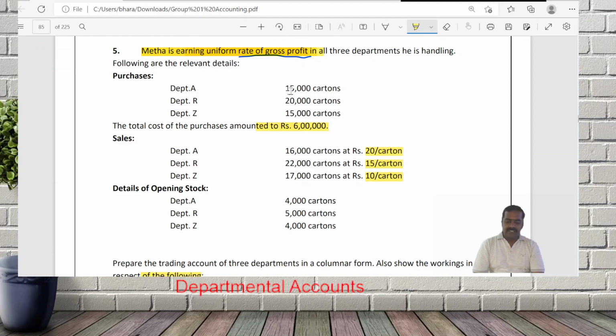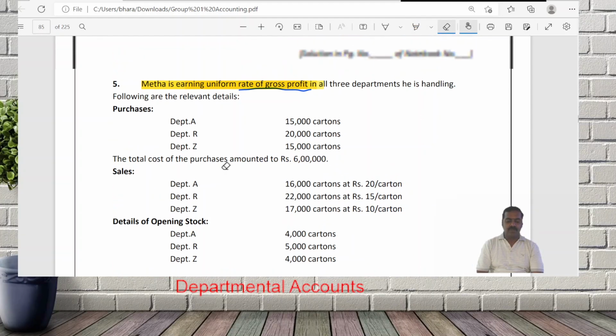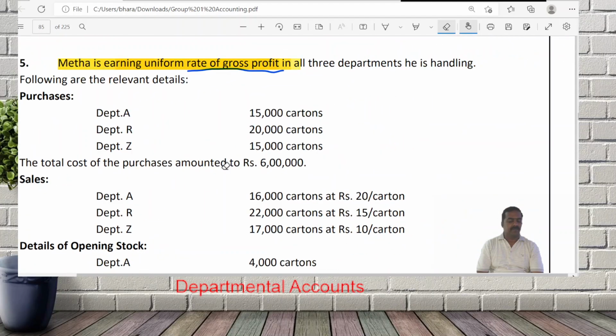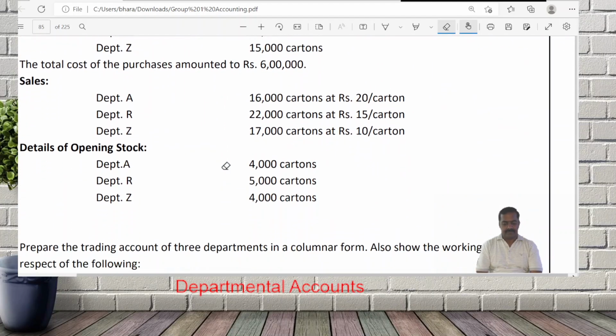Don't divide 6 lakhs by 50,000 to get 12. Then A would show 20 minus 12, 8 rupees profit, B 15 minus 12, 3 rupees profit, and C 10 minus 12, 2 rupees loss. But the hint is they are making a uniform rate of gross profit. Think.